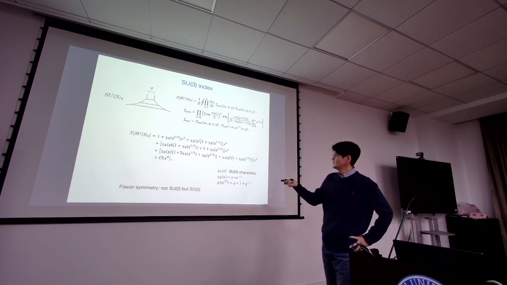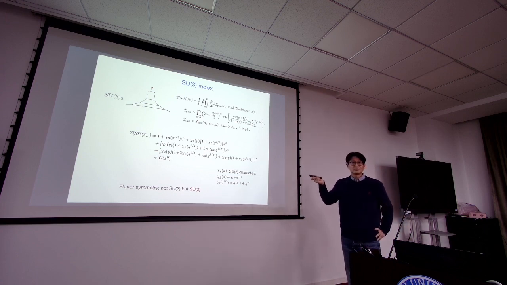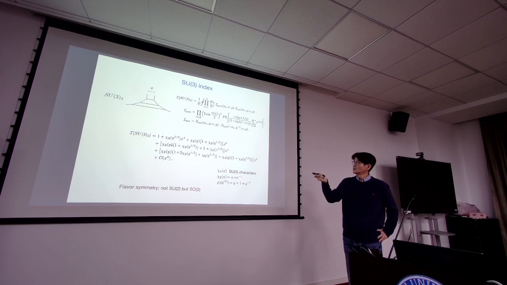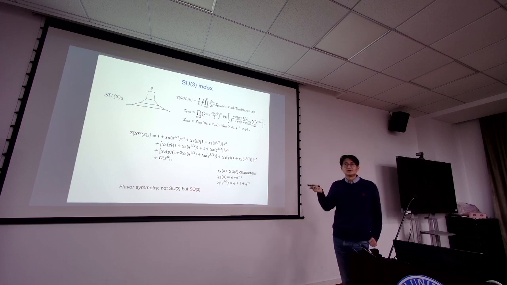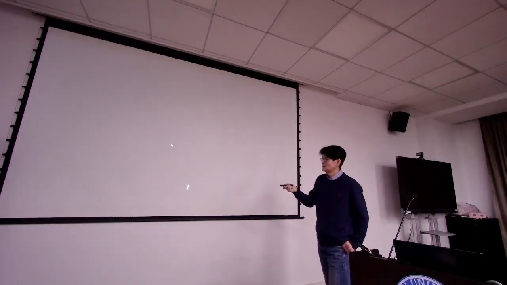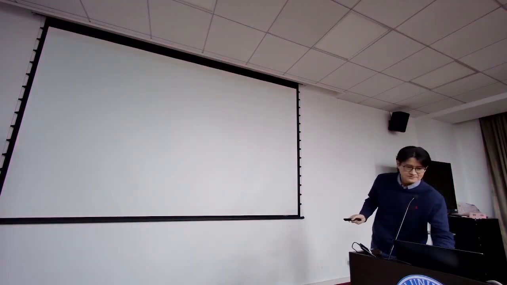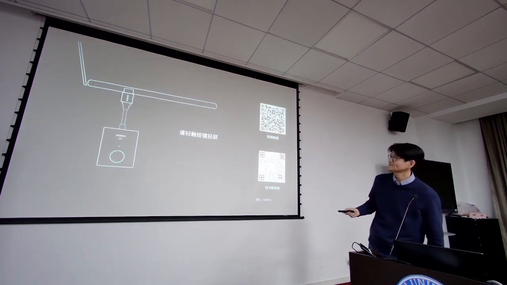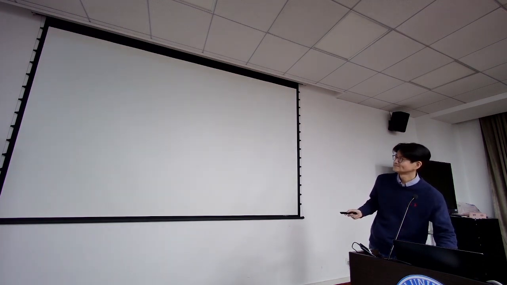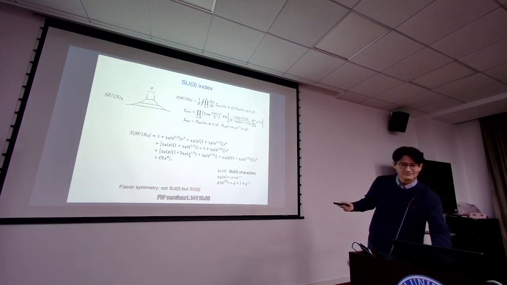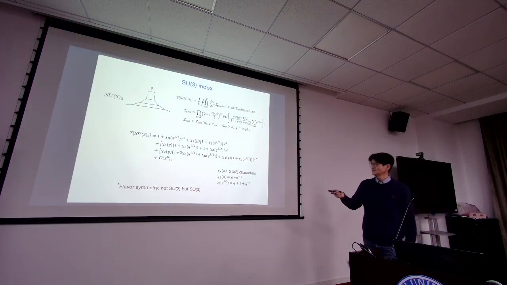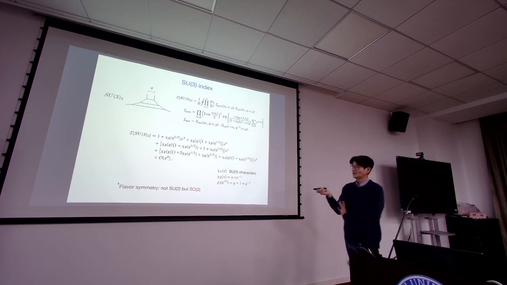This actually tells you that the global symmetry is not SU2, but SU2 divided by Z2, which is SO3.